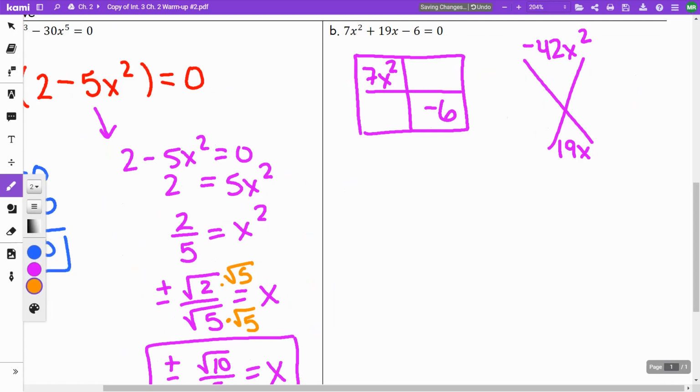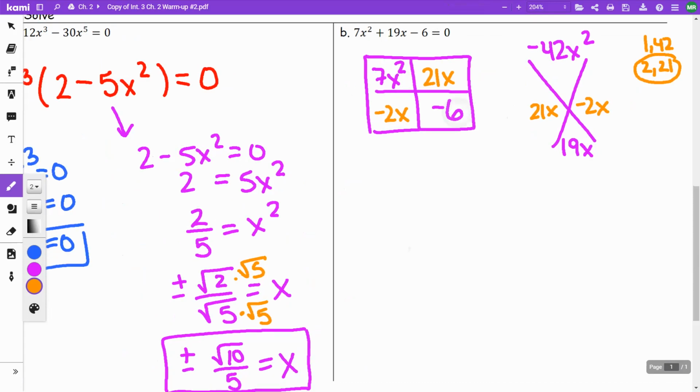And factors of 42: 1 and 42, 2 and 21. So I'm thinking that's going to be the one I want. So it's going to be a 21x and a negative 2x.